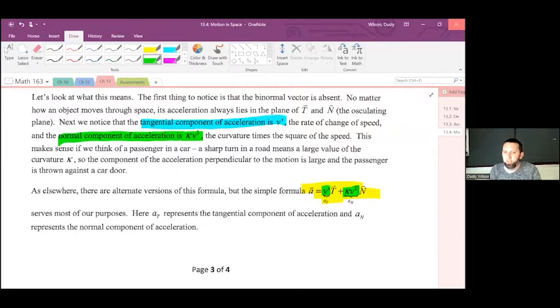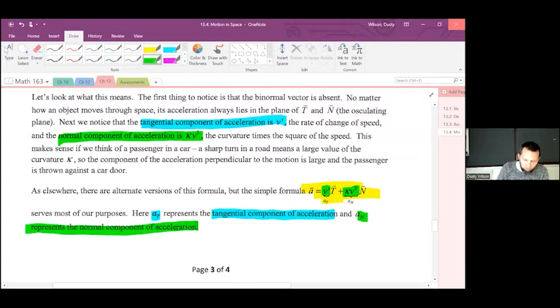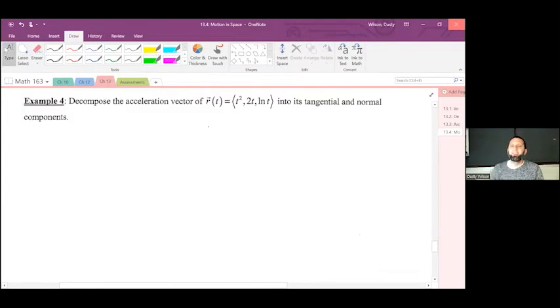Here, a sub T represents the tangential component of acceleration, and a sub N represents the normal component of acceleration. Example 4: decompose the acceleration vector for r of t equal to t squared, comma 2t, comma ln t into its tangential and normal components. So for a solution, it pays to look ahead.